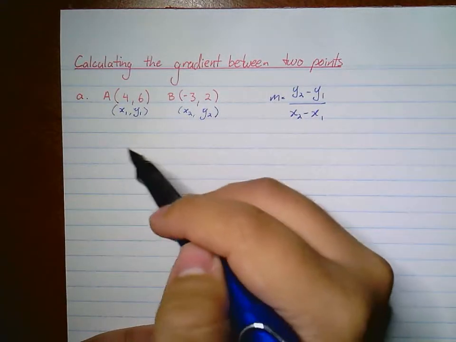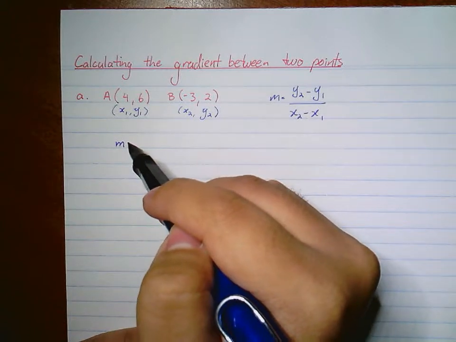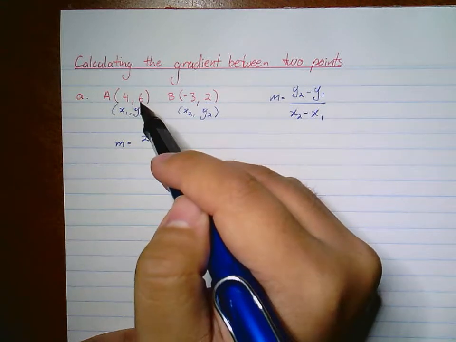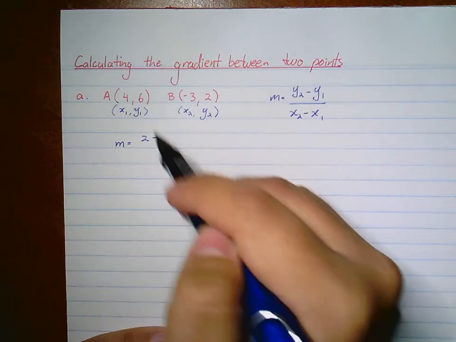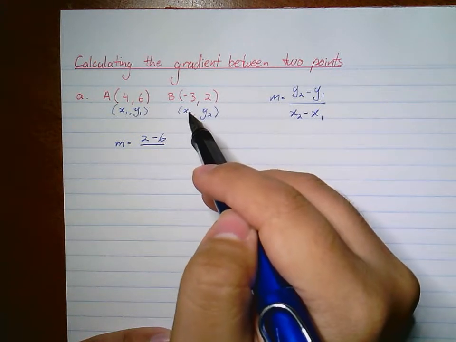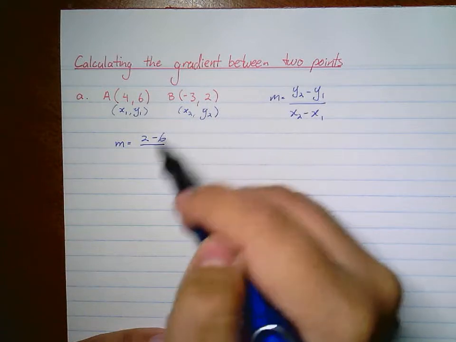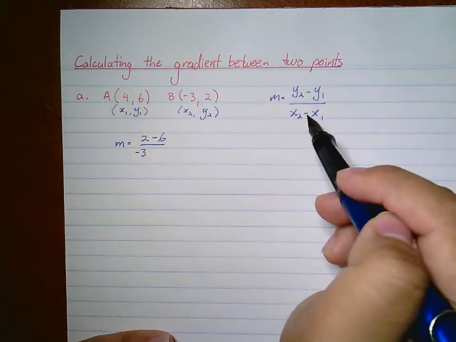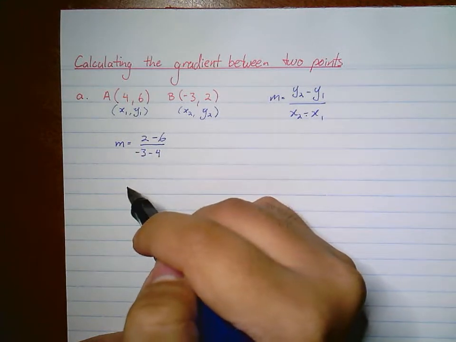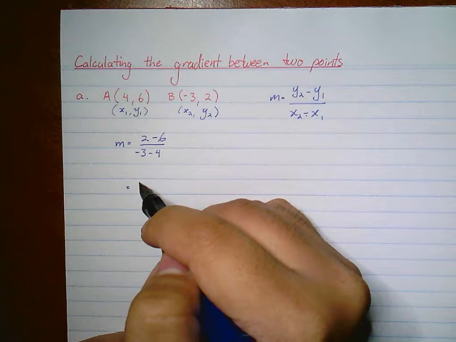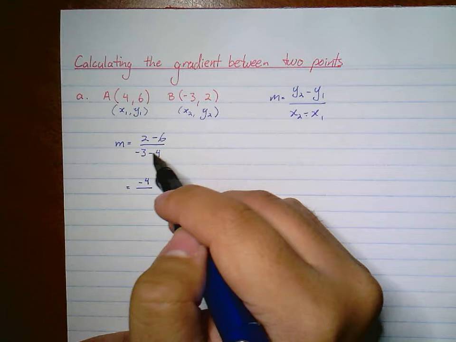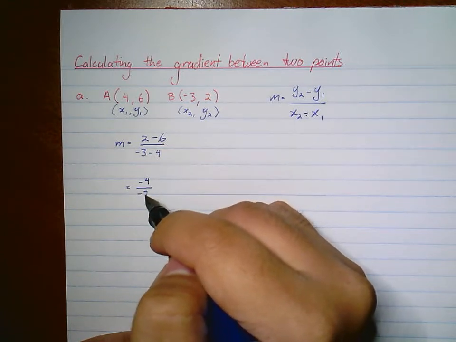And now let's calculate our gradient. M is equal to y2, which is 2, take away y1, which is 6, over x2, which is negative 3, take away 4. 2 take away 6 is negative 4, over negative 3 take away 4 is negative 7.